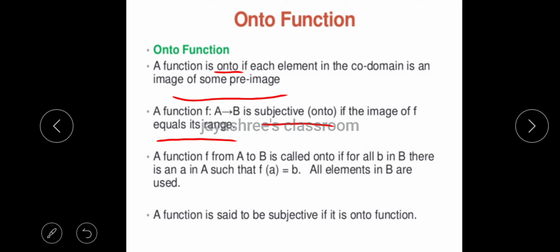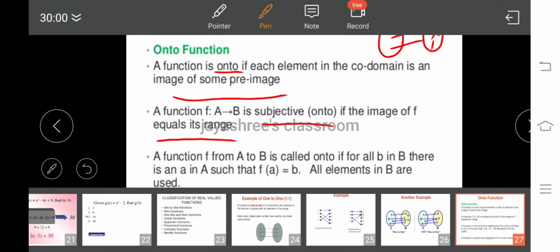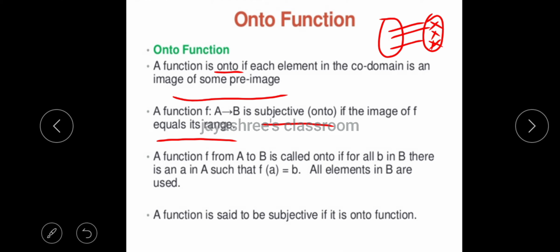So in this case, every member in the codomain is connected to a member in the domain. If you are considering members in the codomain, each member has a pre-image towards this side.